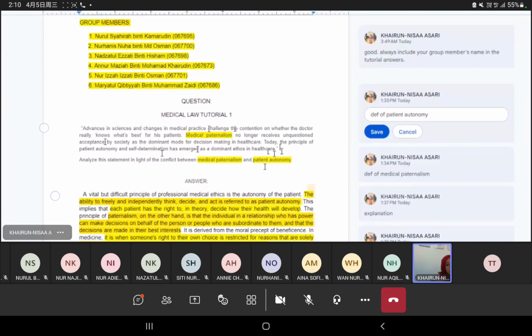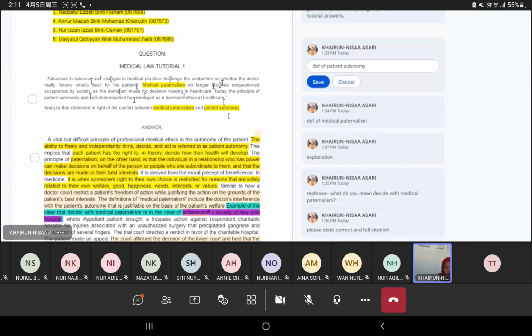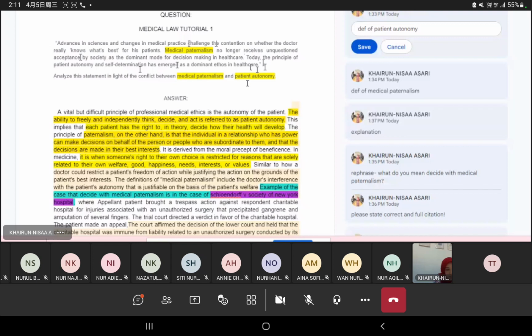Normally when you are given an essay type question about a particular statement, that statement can be any statement, or sometimes it can be a statement quoted from a particular case. What you have to do is understand the statement. Do not simply answer the question without taking into consideration the statement itself.